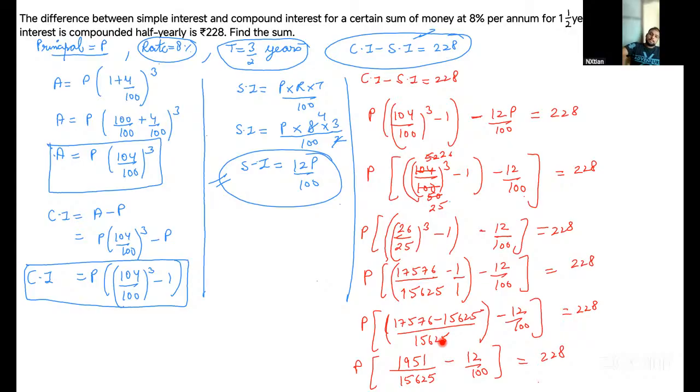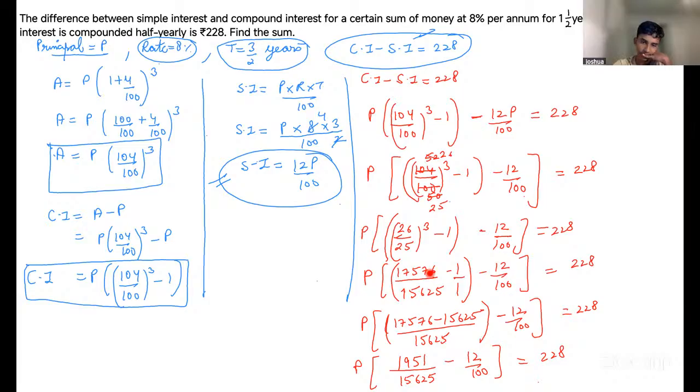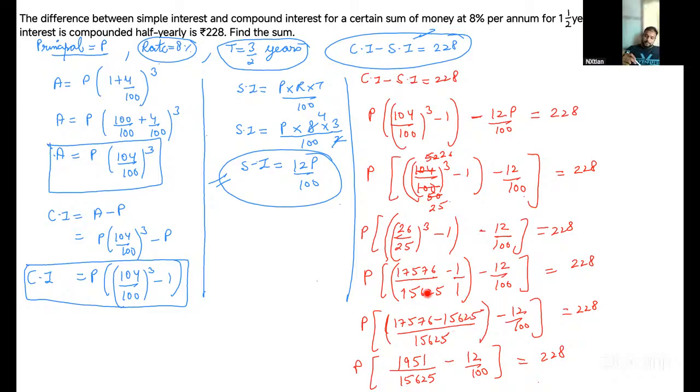Okay, that's it. But how did it become 17,576 minus 15,725? So basically, this 15625 will multiply with this 1, making 15625, and it becomes minus.